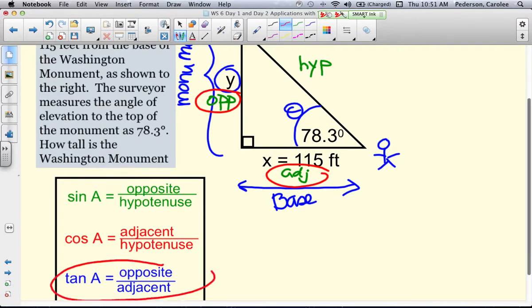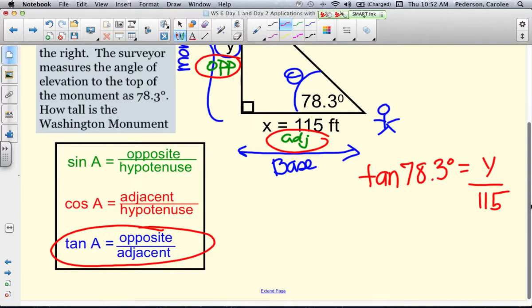Well, it is down here, the tangent. So we set up our equation, and we say the tangent of 78.3 degrees equals opposite, which is y, over adjacent, 115. And now we solve this equation for y.